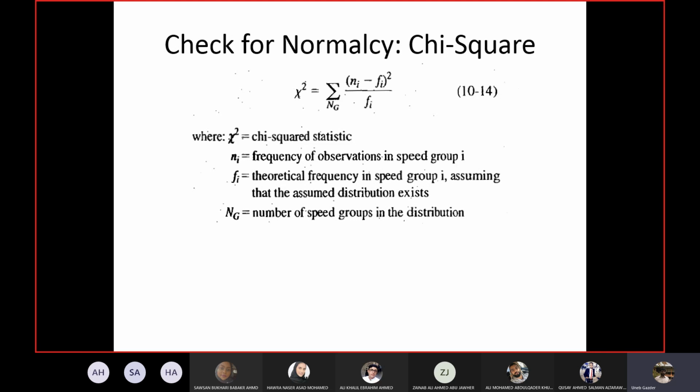So n is the frequency you have, and f is the frequency you should have if the data is following normal distribution. So for each speed group, we must have n and f. Now n values we already have for each speed group because they are from the field.